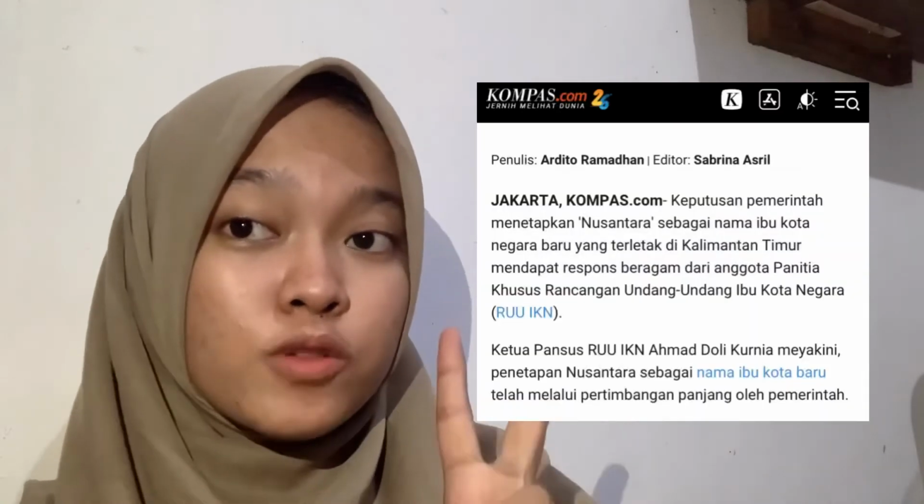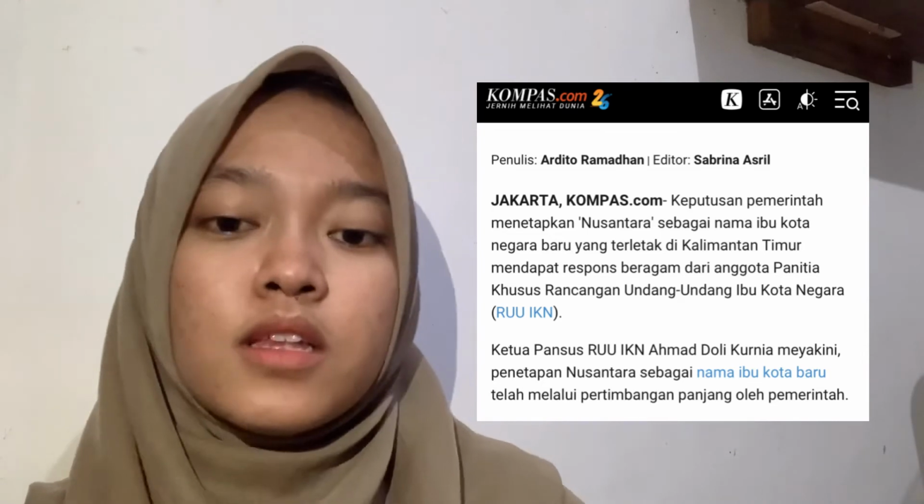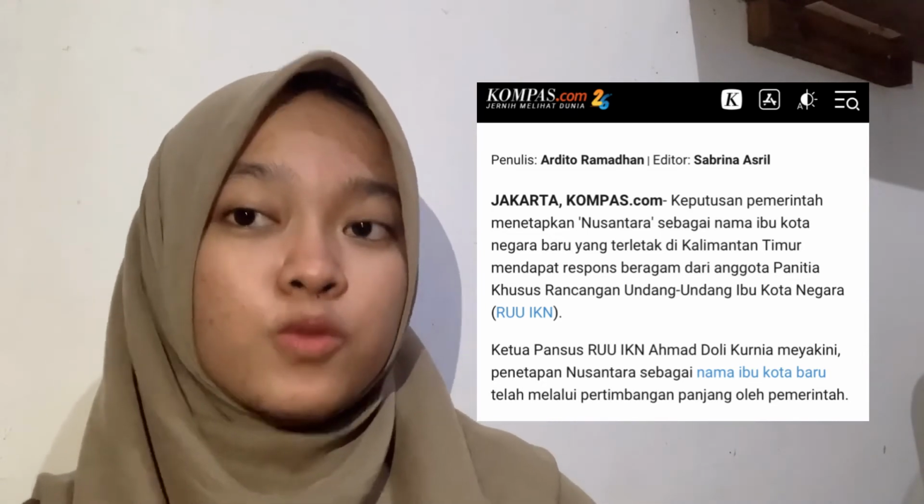And here we go. I take one of the articles that was published on kompas.com. The title of the article is Jokowi Pilih Nusantara Jadi Nama Ibu Kota Baru, Pansus RUU IKN beri catatan. And then I take two sentences from this article that I will translate into English.